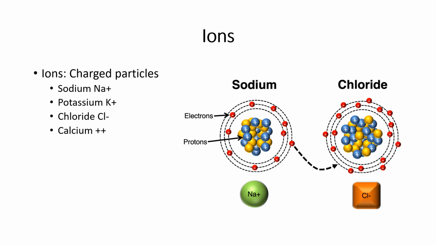So the chloride ion now has more negatively charged electrons compared to the protons and neutrons in the center, so it will take on a negative charge. Whereas our sodium has lost a negative charge, so in relation to the electrons, it now has an overall positive charge.